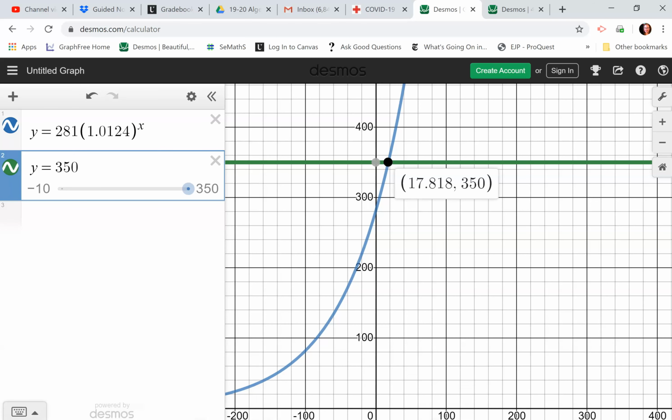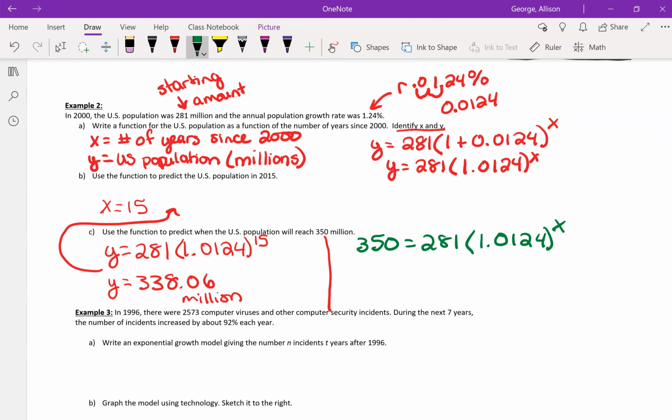So it's right there. 350 is our population, so the 17.8 is our number of years. That means 17.8 years after the year 2000. So translating that, that's going to be somewhere in the middle of the year 2017.